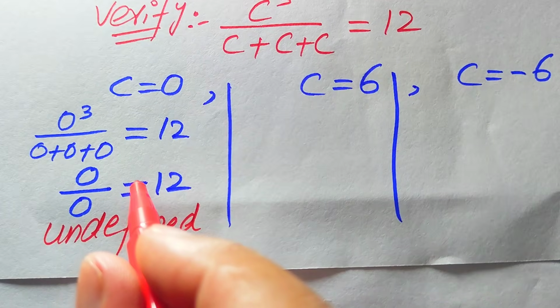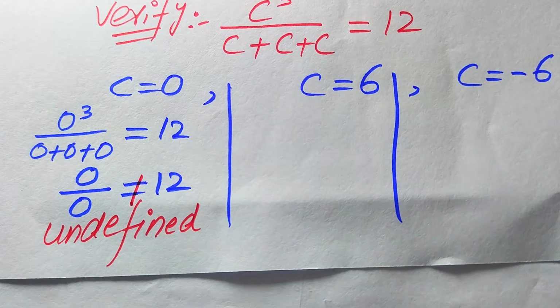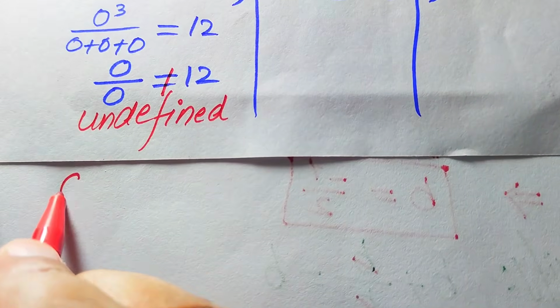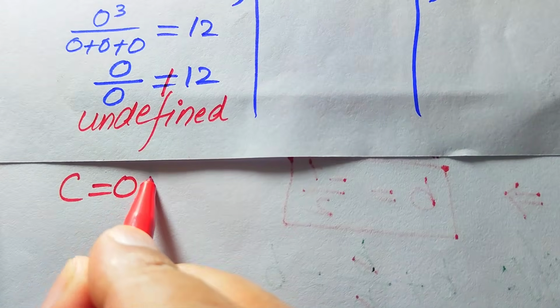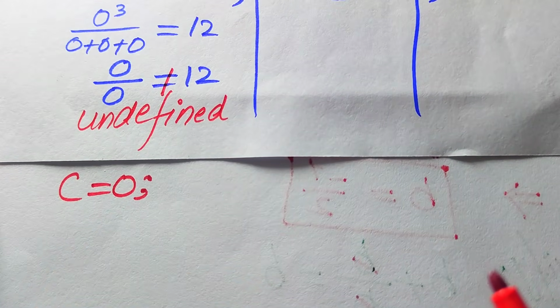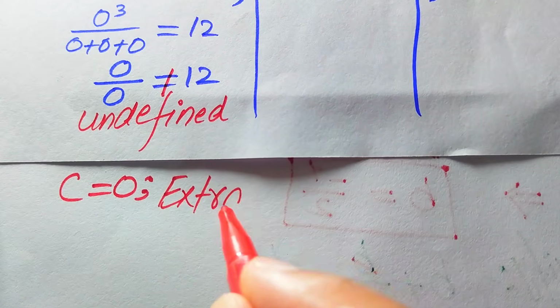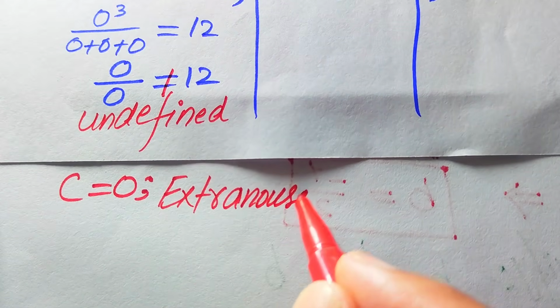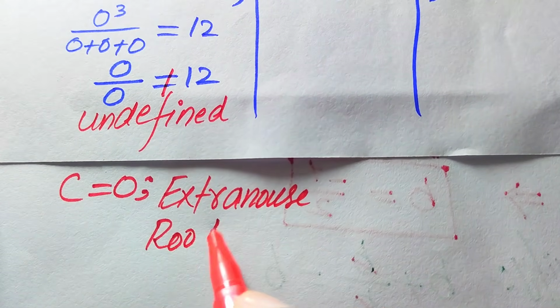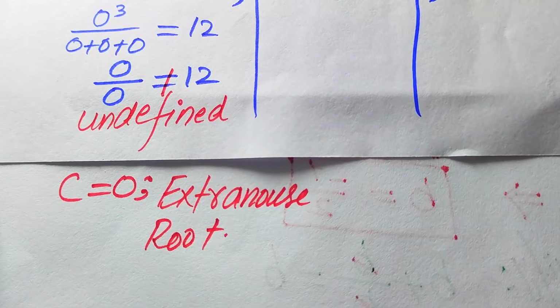If the left hand side is undefined, this means that both sides are not equal, and this concludes that the value c equals 0 does not satisfy our given question statement. So we call c equals 0 the extraneous root of the given equation, because it does not satisfy our given question statement.